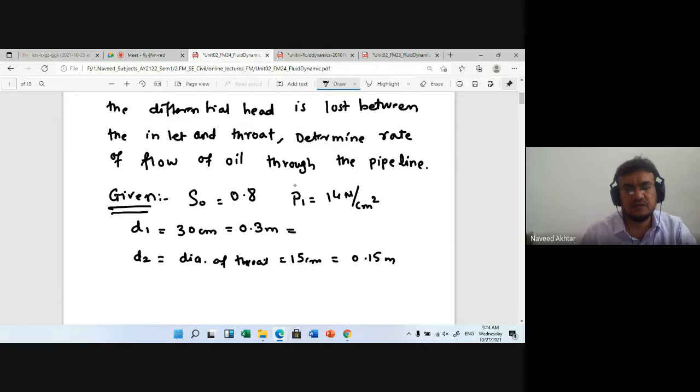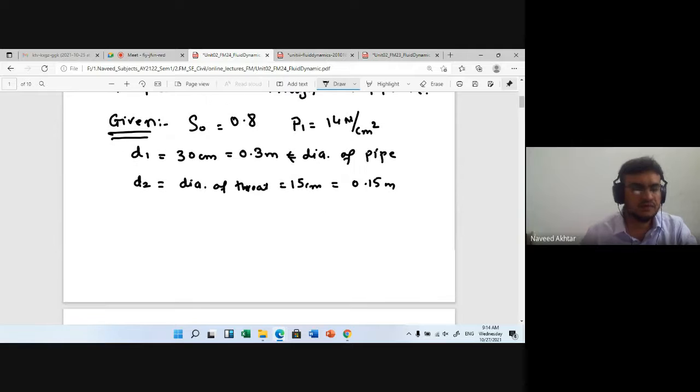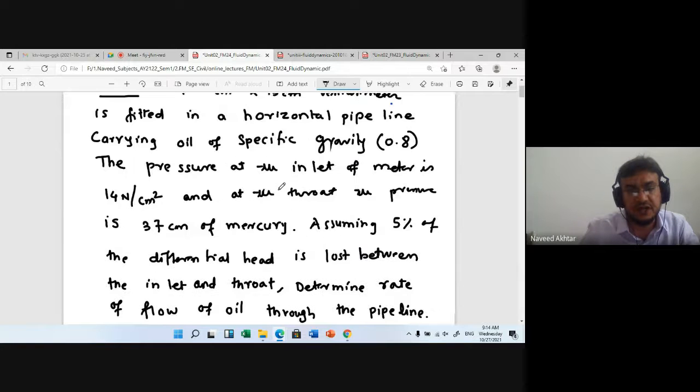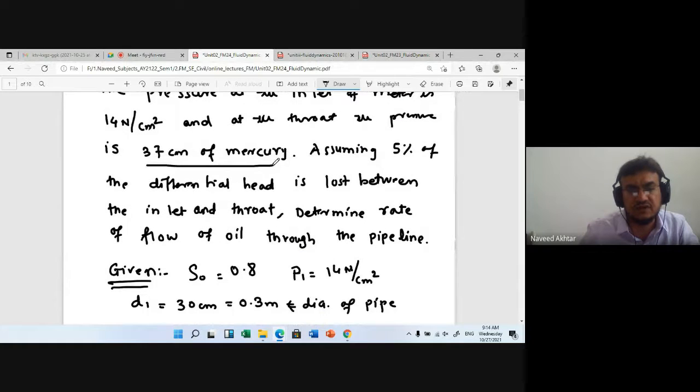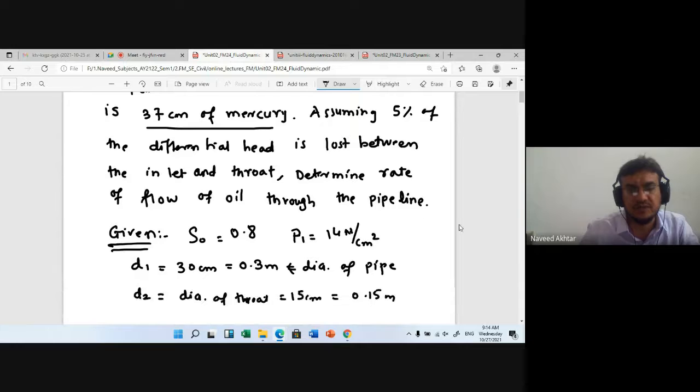This is the diameter of the throat, you know. Pressure is also given. The pressure at the throat is 37 centimeter of mercury.